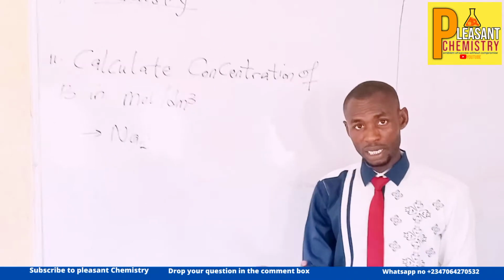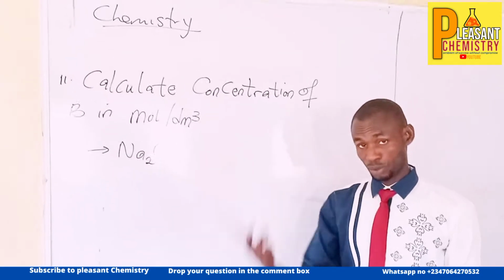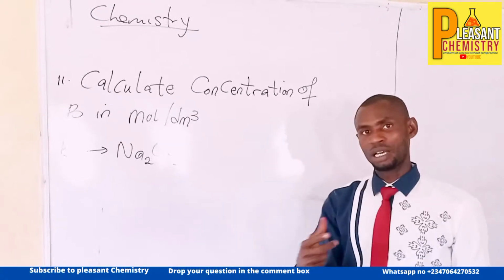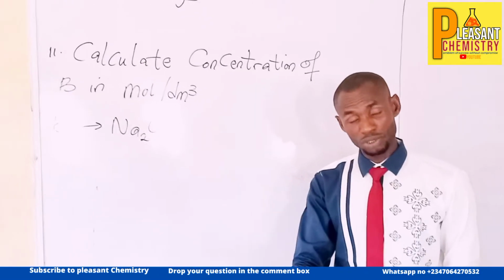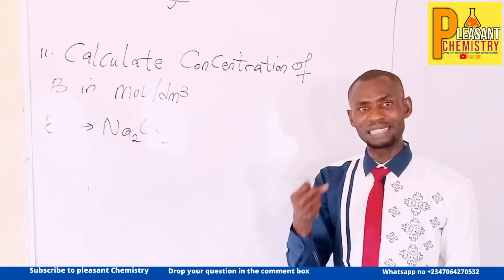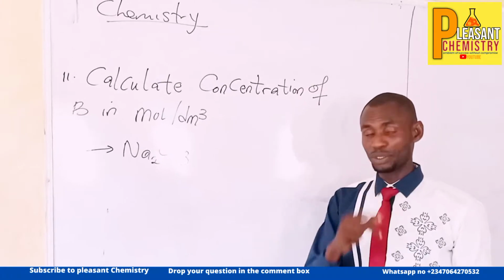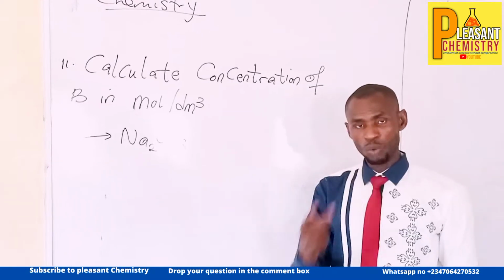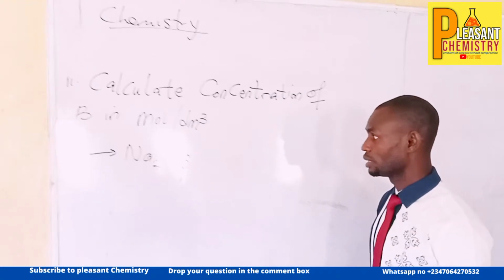We can use molarity is equal to mass concentration over molar mass. And by the time you are using this, it means that you've already determined your mass concentration, which is in gram per dm cube, and you can also calculate your molar mass. Once you are able to get the two parameters, then molarity will work.